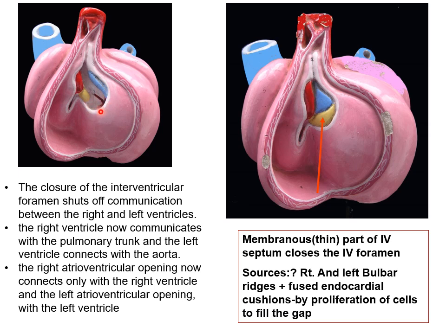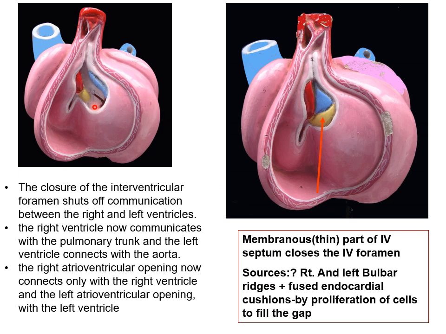Here is the interventricular foramen that was open, and you can see now in the second picture how these cells have contributed towards closure of the interventricular foramen to form the membranous part of the interventricular septum, which fuses with the muscular part. And what are the sources? Here are the listed sources, as we said.